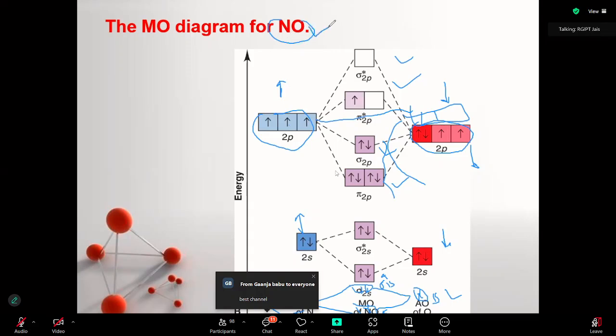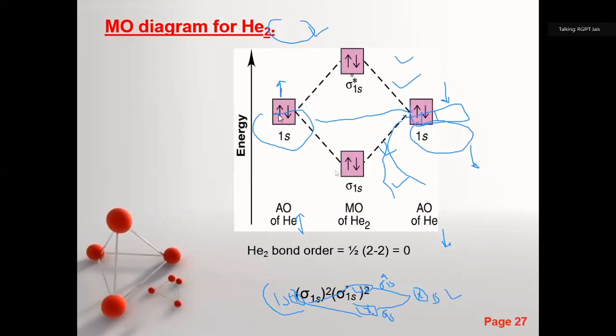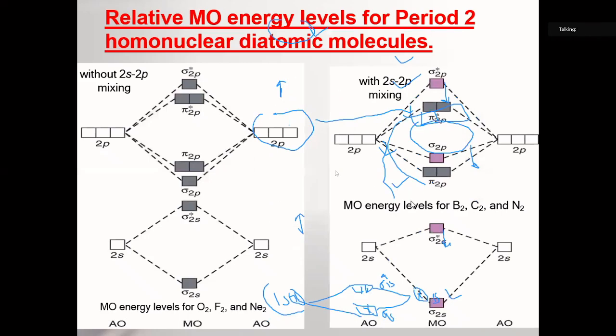In this case, it is hetero. But in this case, like B2, C2 and N2, this way, and oxygen, nitrogen, this is homo. If any doubt, please raise your hand.